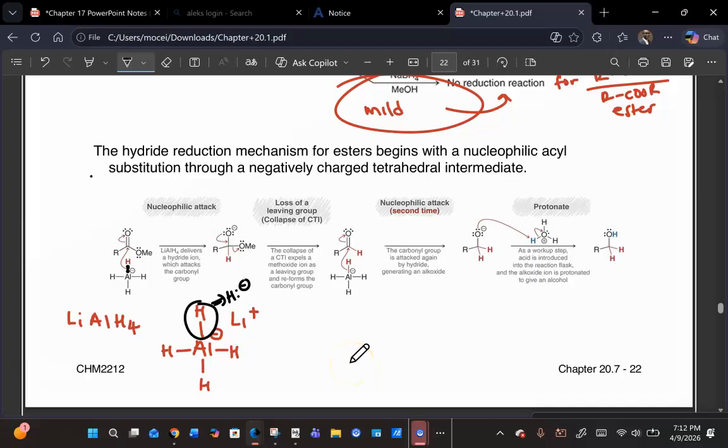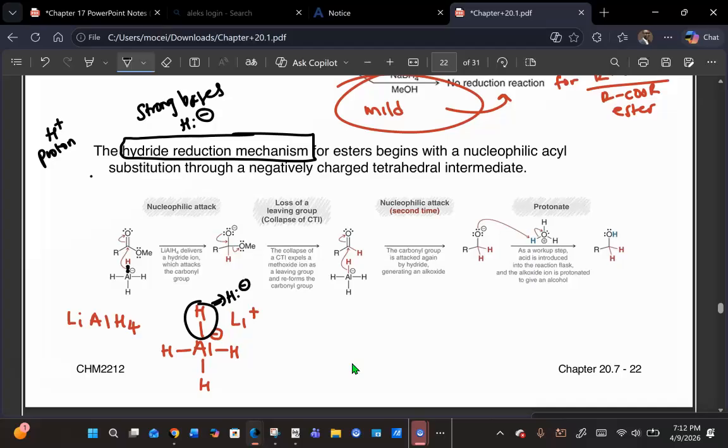That's why the reagent is called lithium aluminum hydride. This is a hydride reduction mechanism. Hydride is H minus, proton is H plus. Hydrides are strong bases. In fact, they're bases only. They're usually not nucleophiles, but in this case, we take an exception because it adds.